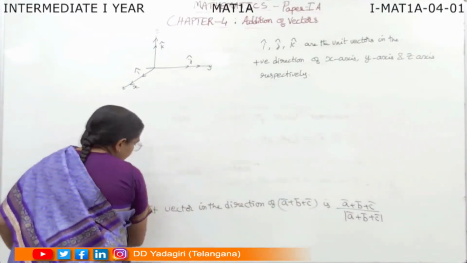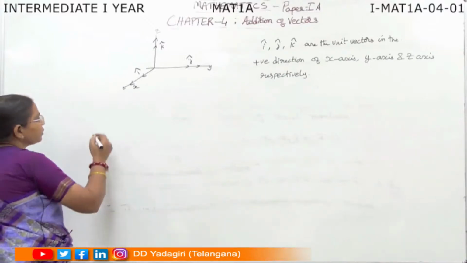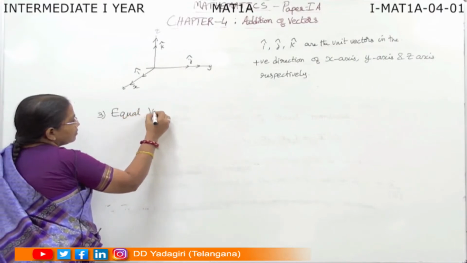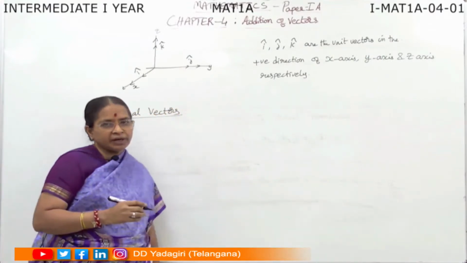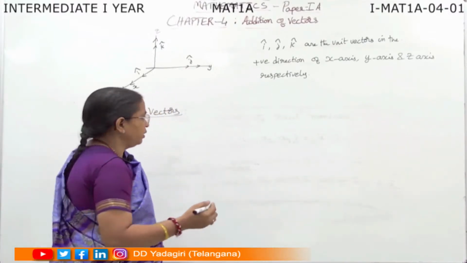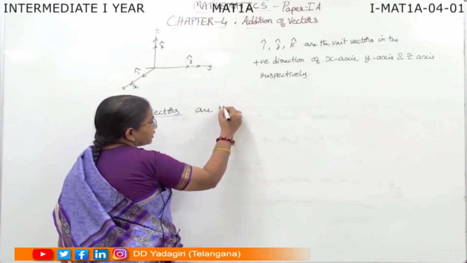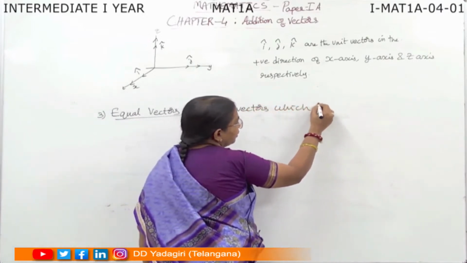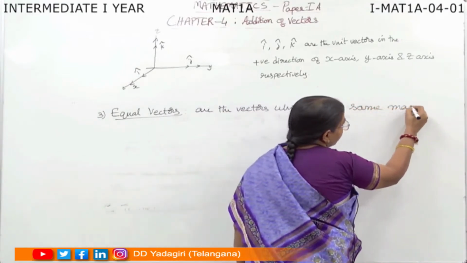Next is equal vectors. What are equal vectors? Equal vectors are the vectors which have the same magnitude and the same direction.